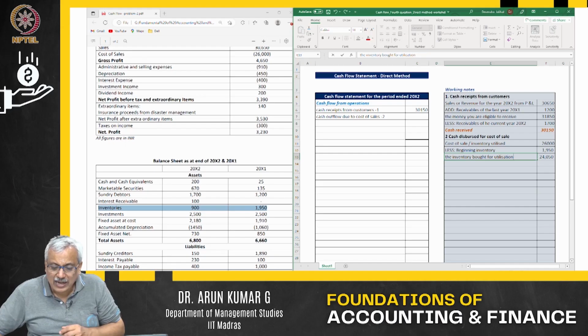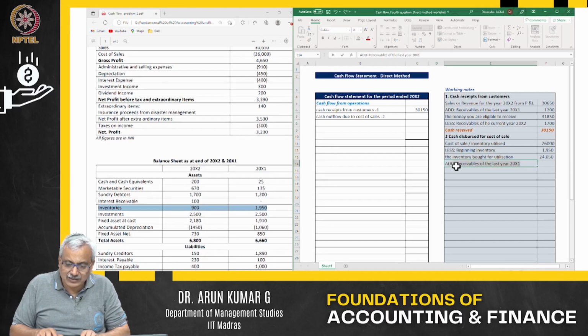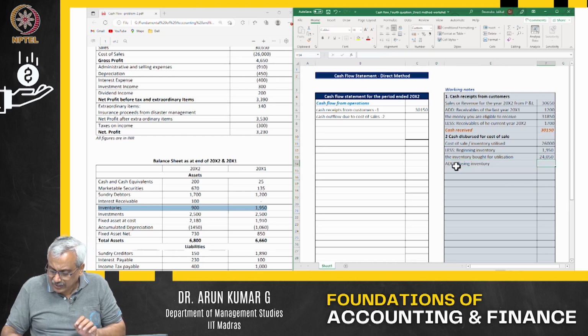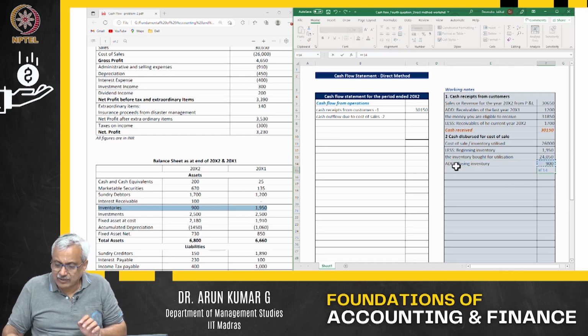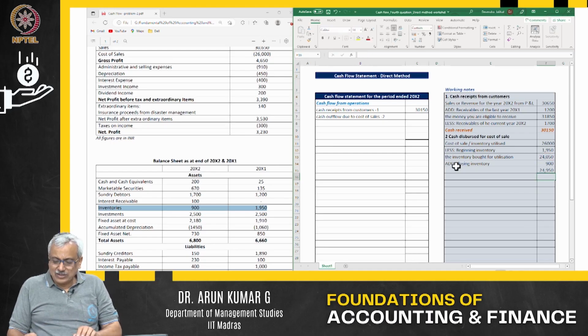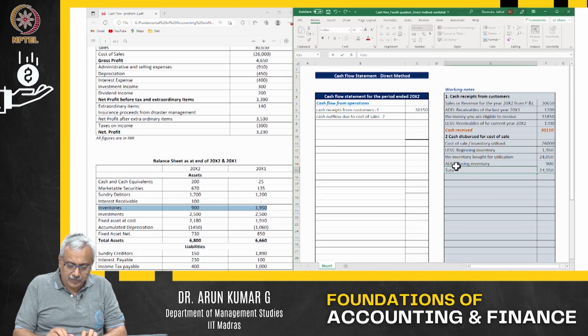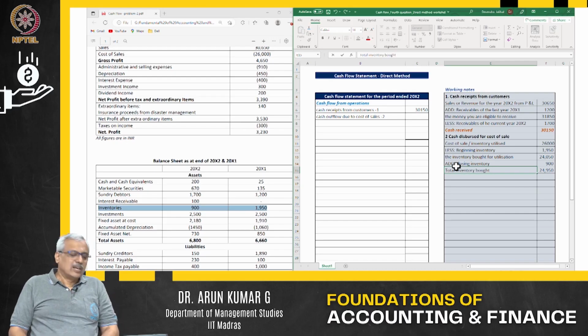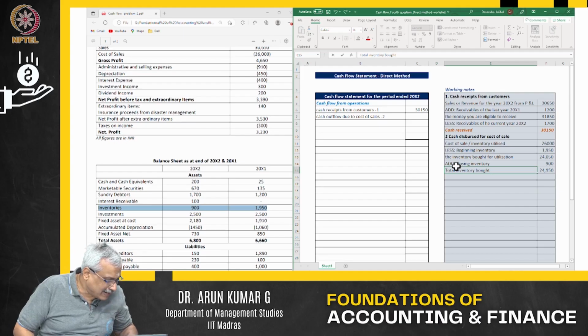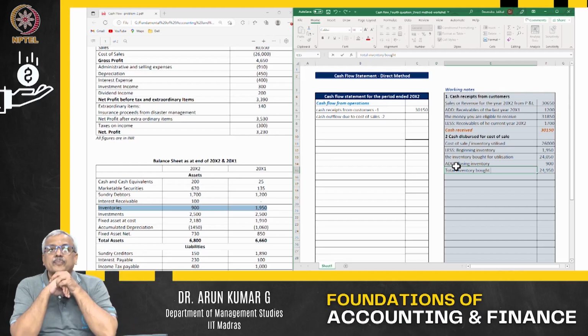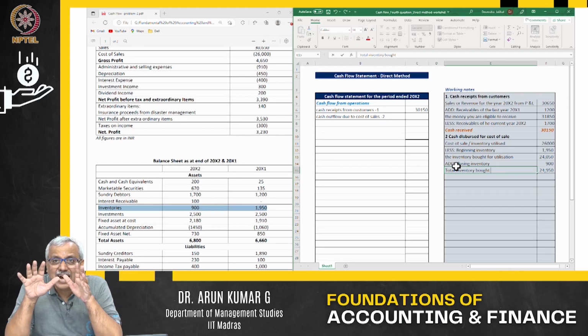I am adding my closing inventory because that is something which I have bought. That means the total inventory bought is 24,950, that is the inventory I have purchased.